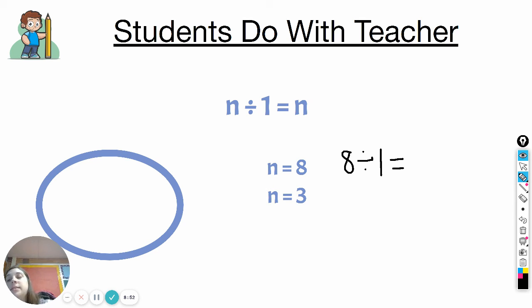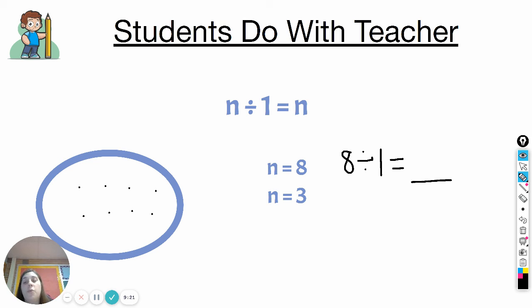Now go ahead and put 8 dots in your circle. 1, 2, 3, 4, 5, 6, 7, 8. And I want you to solve on your whiteboard for me 8 divided by 1.